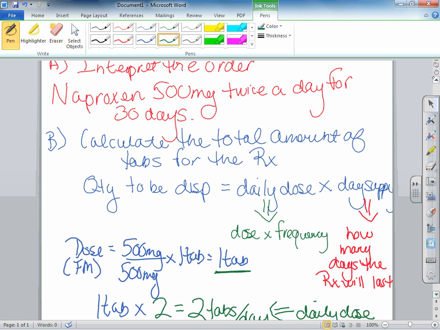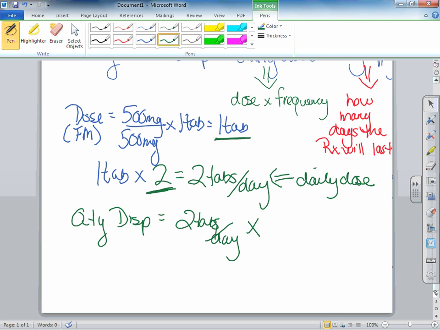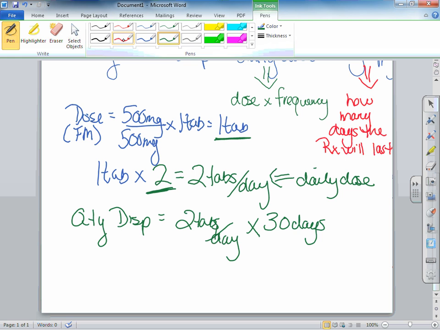Well, it tells us 30 days on the order. So you're going to multiply that by 30 days. Well, your days cross out, leaving you with 60 tabs. That is the answer for the quantity that should be dispensed for this order.